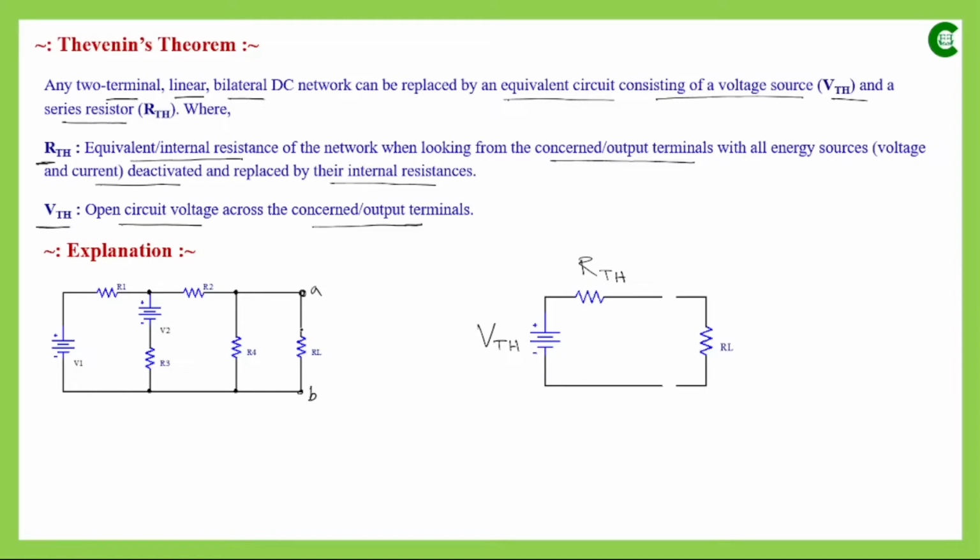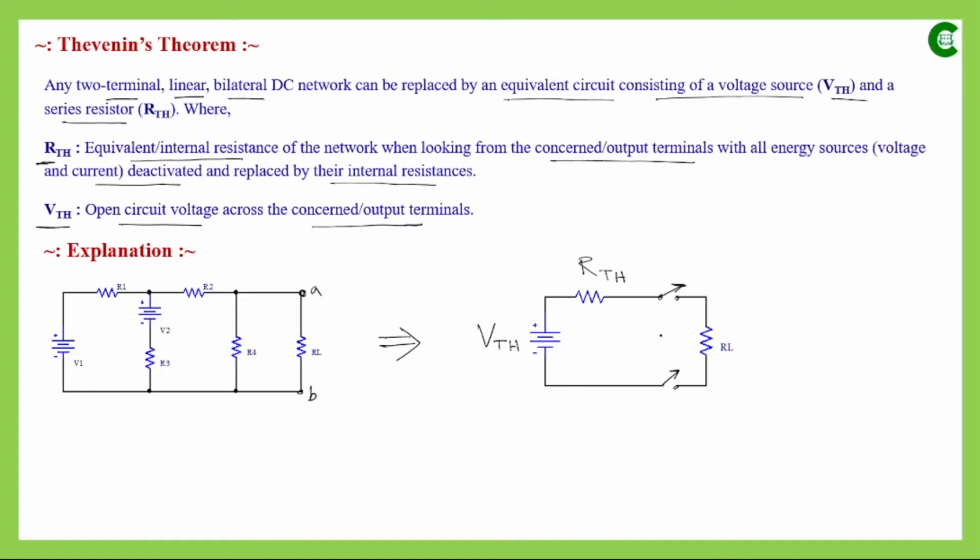So other than this RL load resistor, the rest of the network now will be represented by a single voltage source, which is called Thevenin's equivalent voltage, and a single resistor, Thevenin's equivalent resistance, which are connected in series. Then in the final stage, we will connect that load resistor again with the network, and then we will find the current value or voltage value, whatever we were expecting.